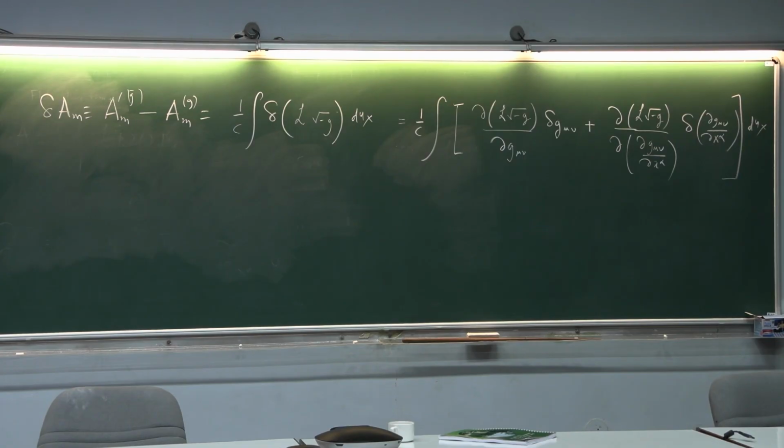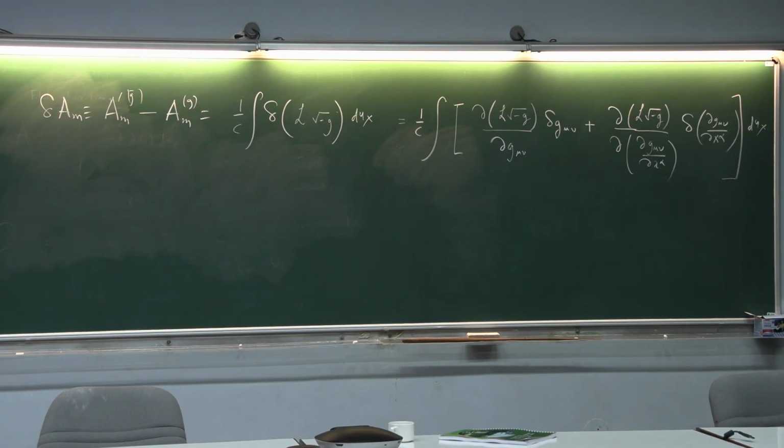What is delta of del G mu nu by del x alpha? By definition, what is delta G mu nu? This is the main thing. Delta G mu nu by definition is G bar mu nu minus G mu nu.